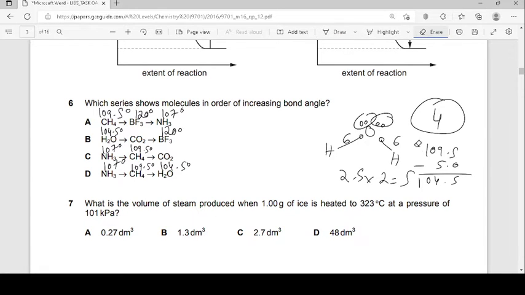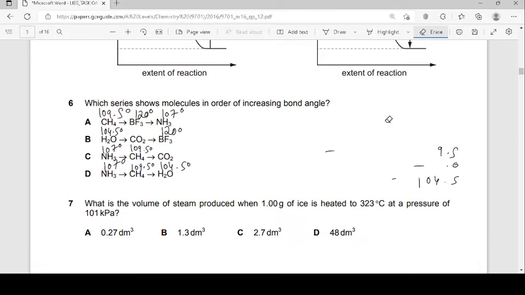So next, the one I have left is CO2. So O=C=O. Carbon again has 4 electrons in its valence shell, and all 4 of them are involved in bonding. You have 2 sigma bonds and 2 pi bonds, but remember, pi bonds are not included in your steric number calculations, so you will not count these.